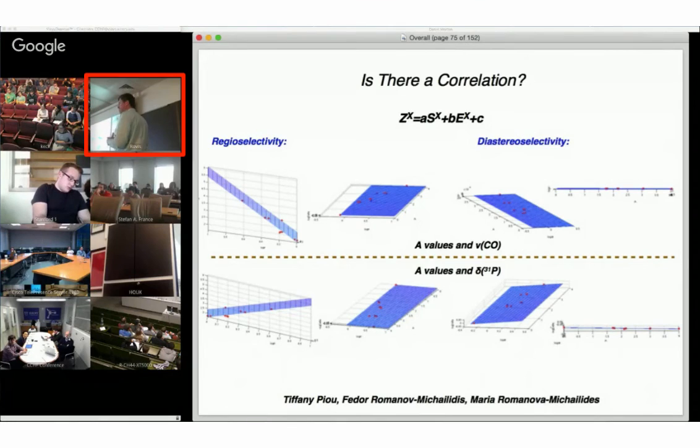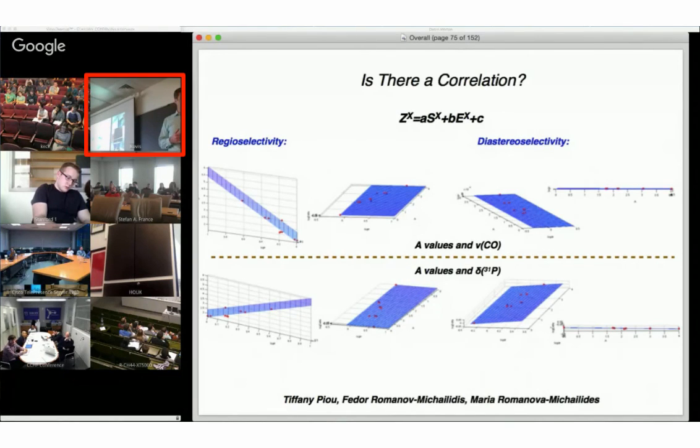As for X, the X is just a given ligand, and these are all logarithmic compared to the Cp*, which we take as a null. The S is the steric component, and all we use is the very, very crude A values. The E is the electronic component, and what we're using here is the CO stretch or the 31P NMR shift. I'll show you both. And we're looking at A, B, and C in this chemistry.